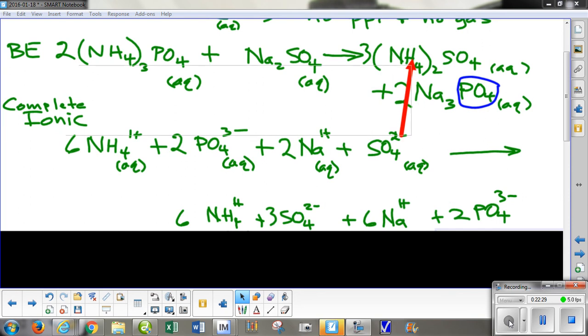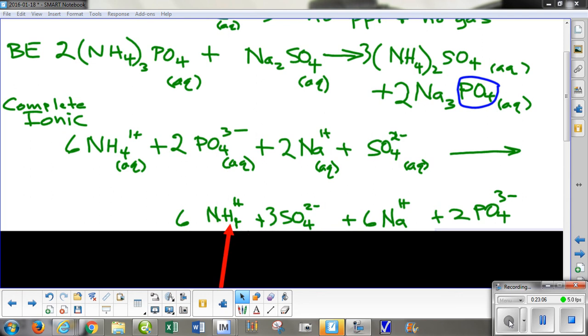Of course that means we're pulling these apart, ammonium and sulfate, and also pulling apart sodium and phosphate. And because we're doing that, we wind up with these down here. Again, 2 times 3 is 6 sodiums, and 2 times 1 is 2 phosphates, and 3 times 2 is giving us the right number of ammoniums, 6.